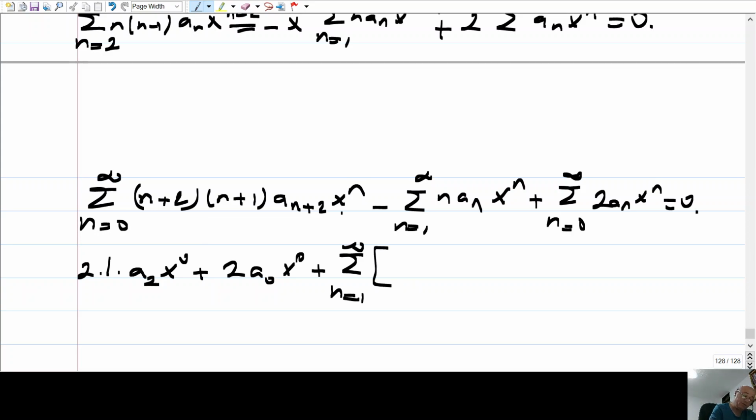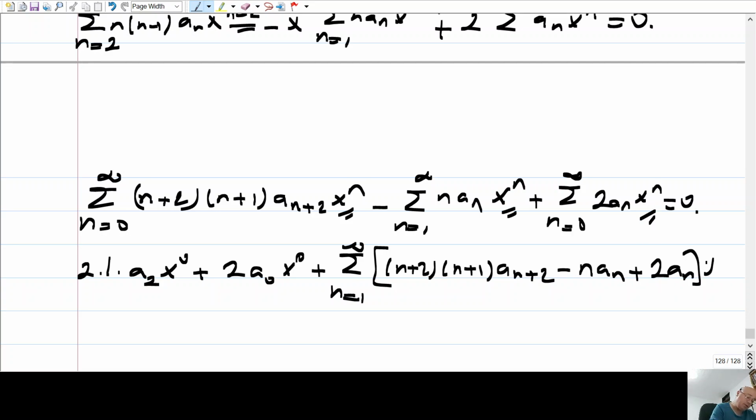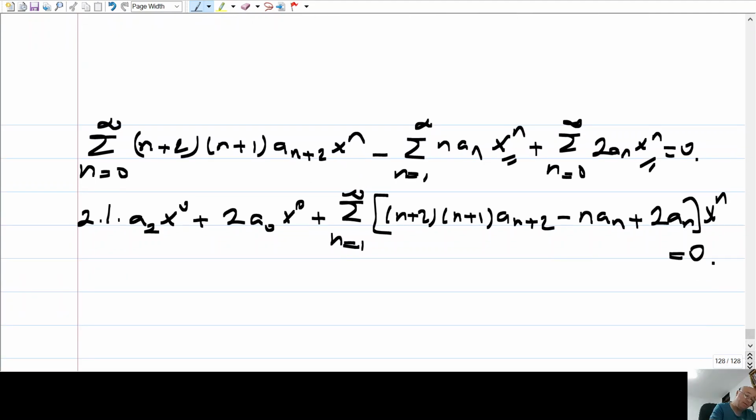And what is the coefficient here? It is just (n+2)(n+1)a_(n+2). What is the coefficient here? Minus n times a_n, and here just 2a_n, and x to the power n, and everything adds up to 0.